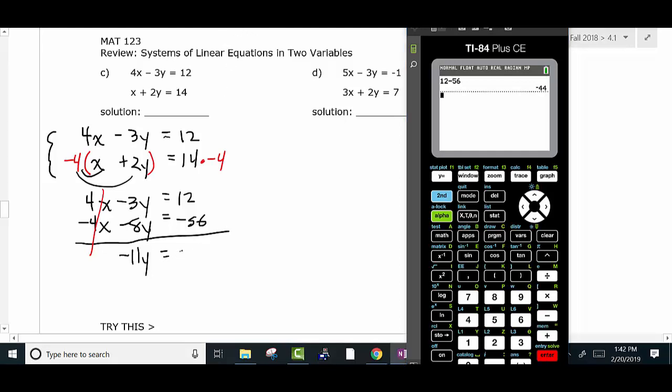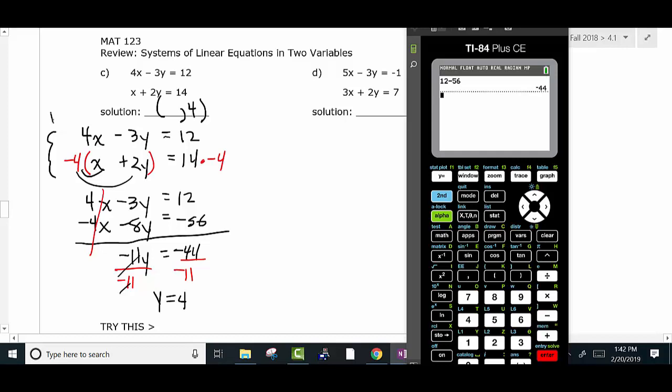Now, these problems can have fraction answers. For practice, most of them are going to have whole numbers. So what do you do to solve this equation? You divide by -11, like we've learned. That's going to give y equals 4. So we got the y value, so in our point of intersection, we got 4. This is going to be two lines that intersect, essentially.